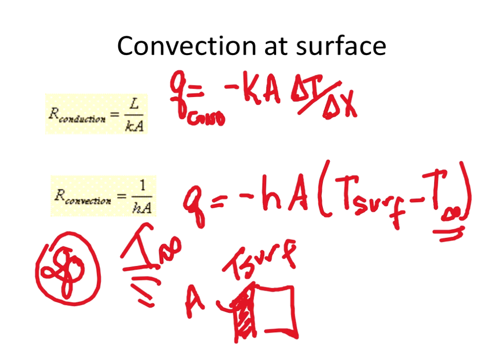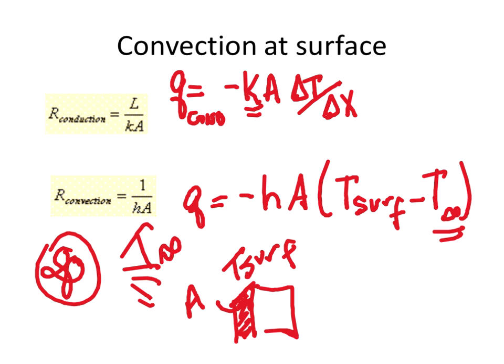And then H, of course, is very similar to that K. In the case of the K, that meant the coefficient due to conduction, but in this case of convection it is H, not K, okay?